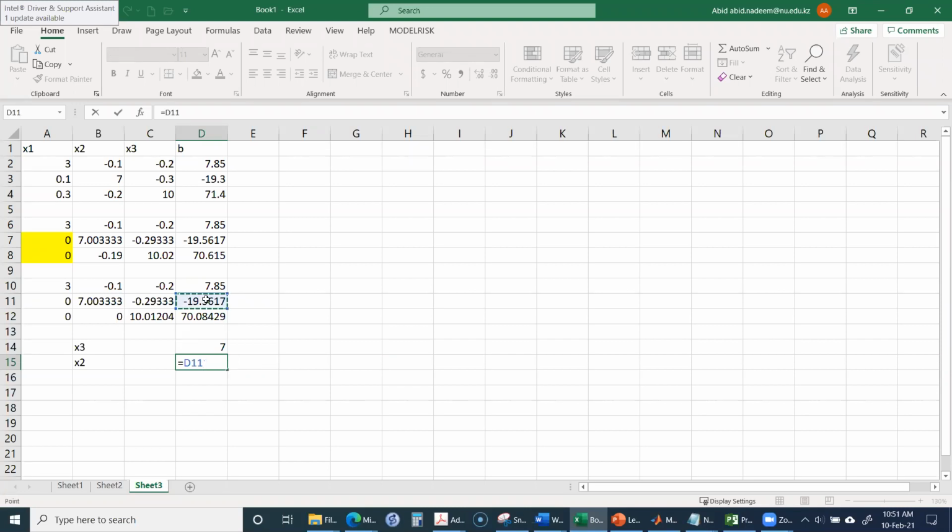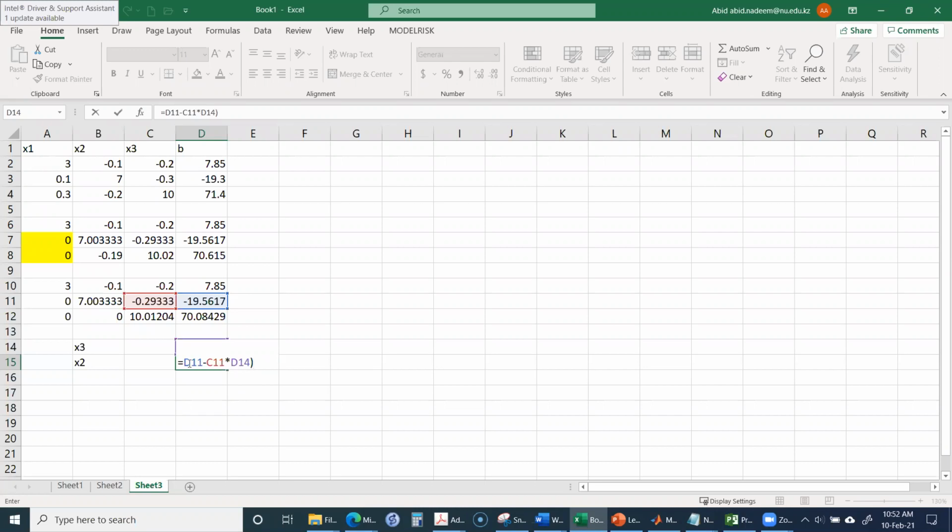So it will be this value minus this coefficient times x3, that is the x2.